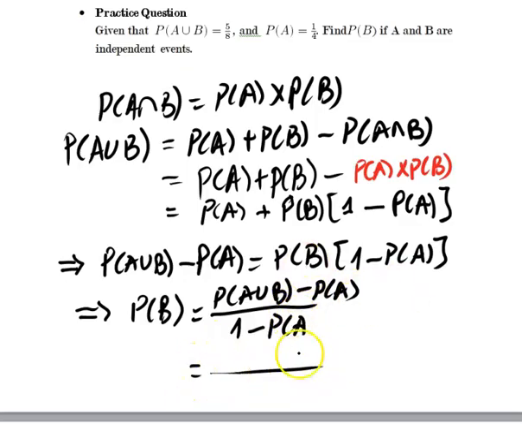Which gives us, what's probability of A union B? Okay, 5 over 8. What's probability of A? 1 over 4. And 1 minus probability of A, 1 minus 1 over 4 is 3 over 4. When you do that, it gives us the answer.